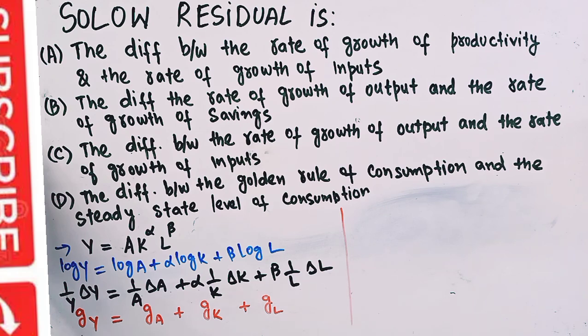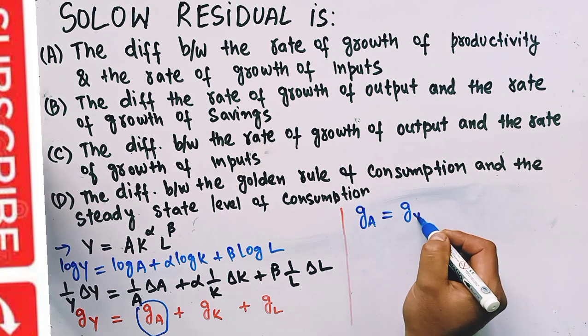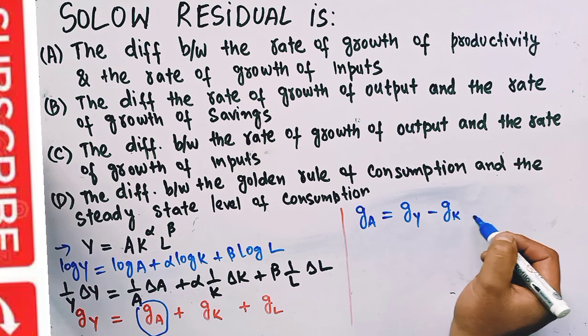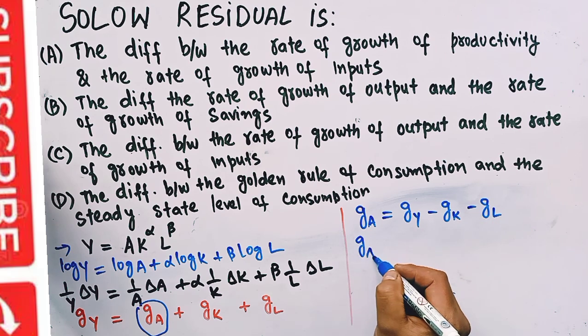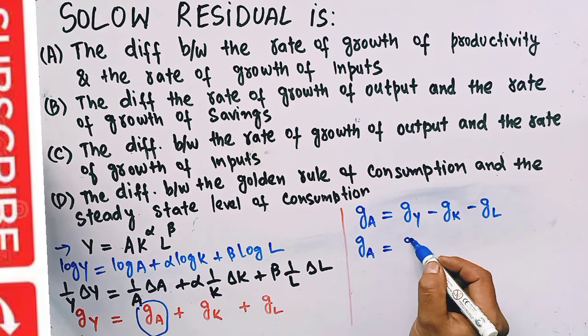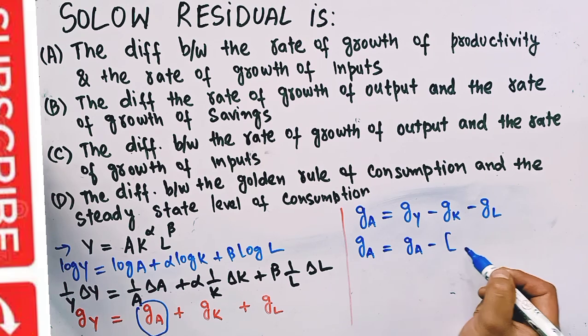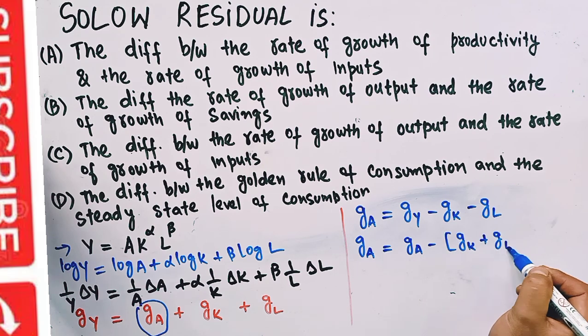So if we solve this for total factor productivity, that means g of A will be equal to g of Y minus g of K minus g of L. Rewriting this, the growth rate of total factor productivity is equal to growth rate of output minus growth rate of capital plus growth rate of labor.